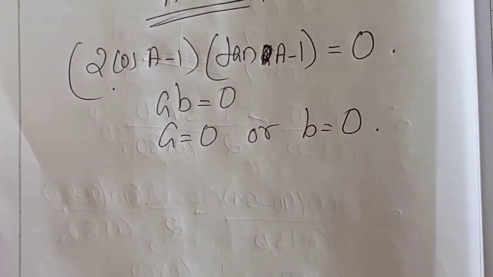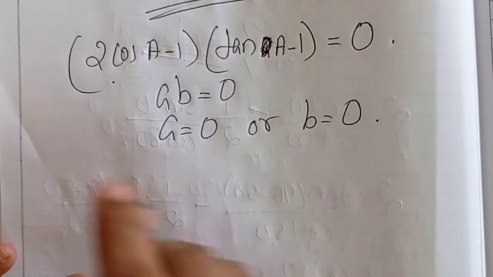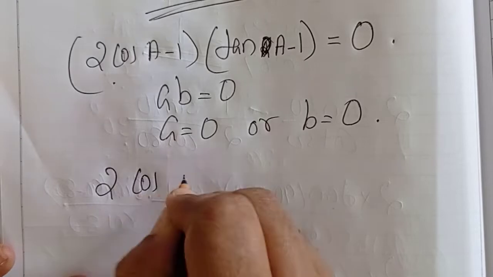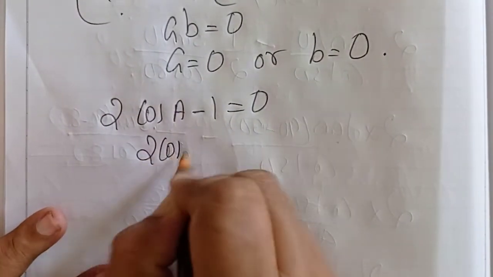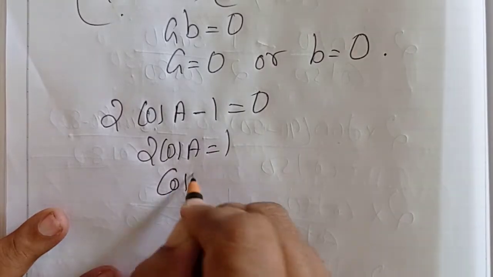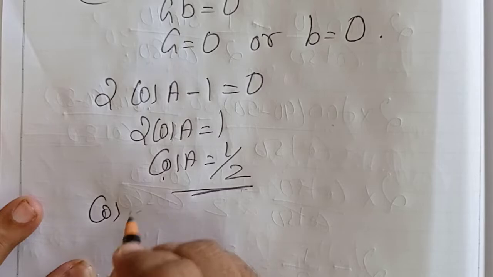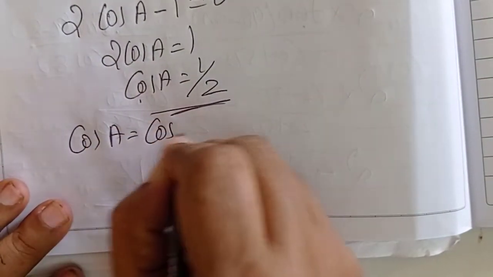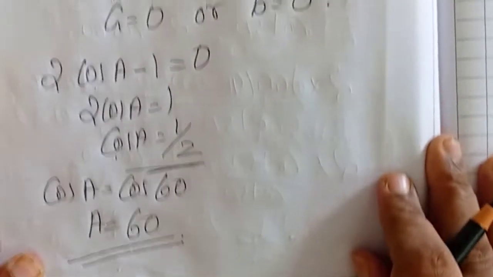That is a condition in maths. Therefore, 2 cos A minus 1 equal to 0 means 2 cos A equal to 1, or cos A equal to 1 by 2. Then cos of which angle is 1 by 2? Say the answer loudly. Yes, cos 60. So A is equal to 60 in the first case.